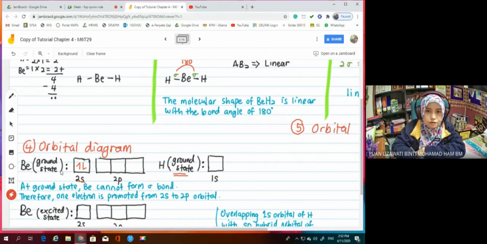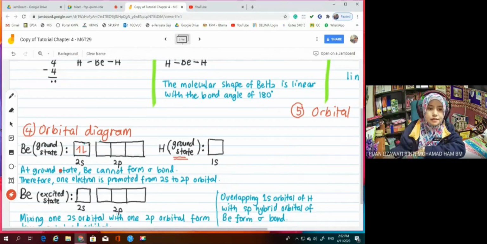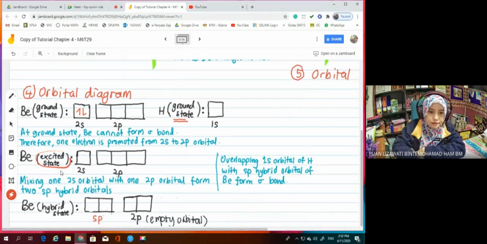So in order to form 2 sigma bonds, one of the electrons from 2s is promoted to 2p. You can write the explanation like this: at the ground state, beryllium cannot form sigma bond. Therefore, one electron is promoted from 2s to 2p orbital, and it will form a new state that is referred to as the excited state.